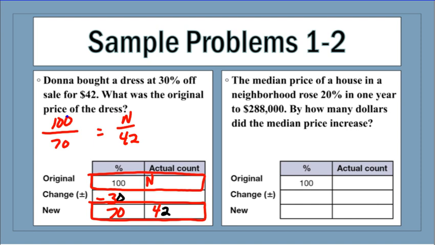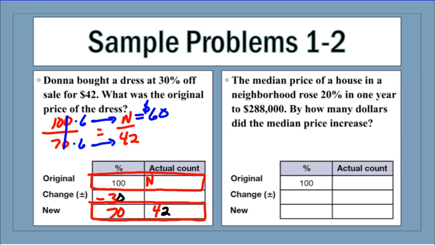I can divide a 10 off both the numerator and denominator, and I have 10 is to 7 as n is to 42. I know that 7 times 6 will give us 42. Therefore, 10 times 6 will give us our n. N would have to equal $60. So the original cost of the dress would have been $60.